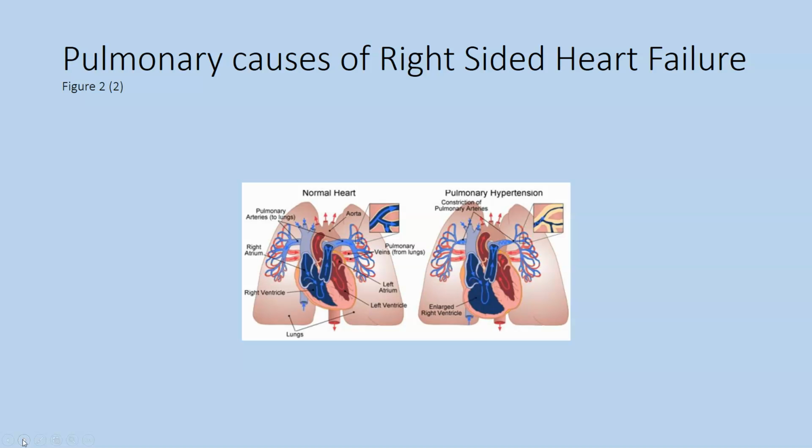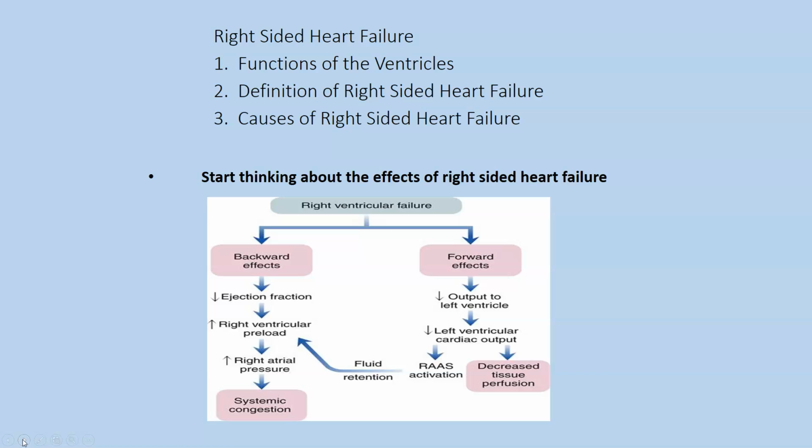So to review, in this lecture, we have reviewed the functions of the ventricles. We have defined right-sided heart failure and its causes. Remember that with right-sided heart failure, we have decreased pulmonary tissue perfusion, which leads to impaired gas exchange.